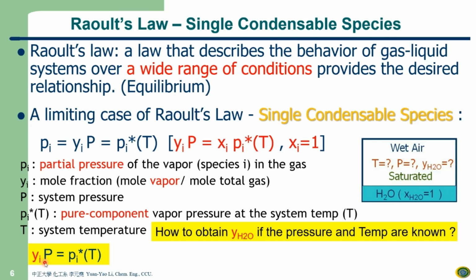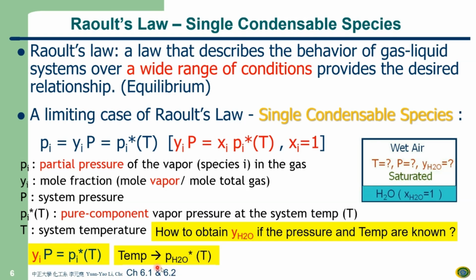This symbol is in red color, which means it is unknown. But first of all, you need to find out the vapor pressure of the water at that temperature.